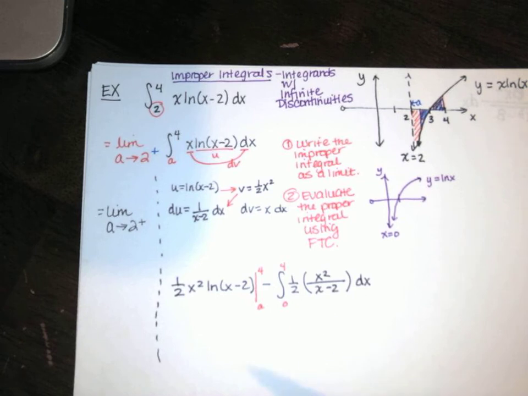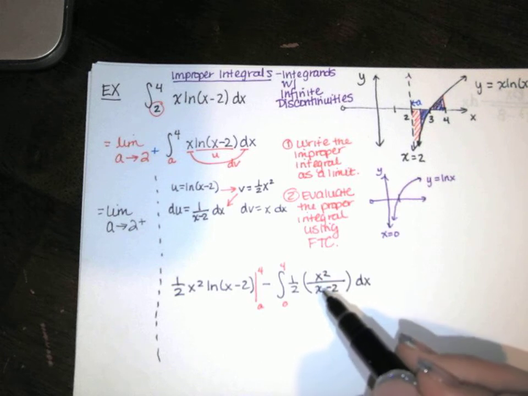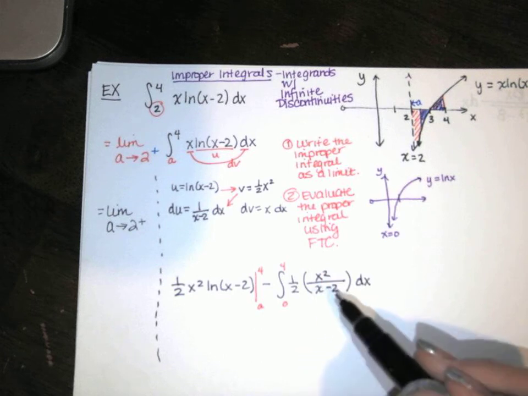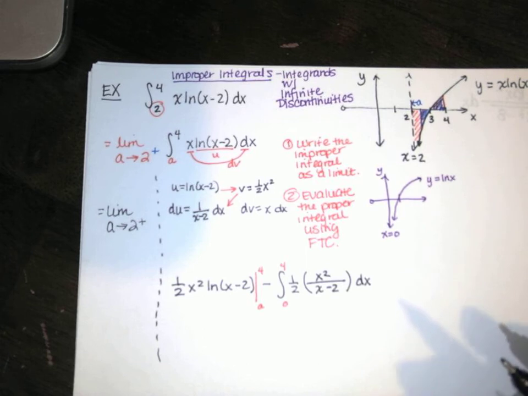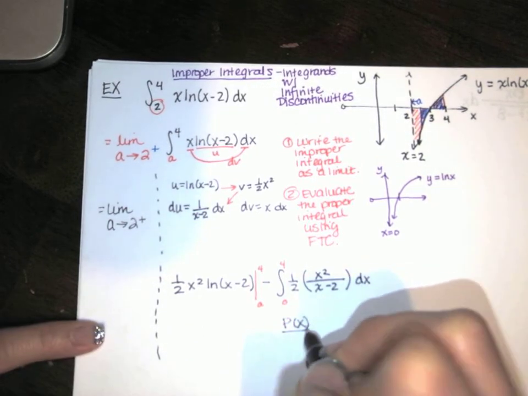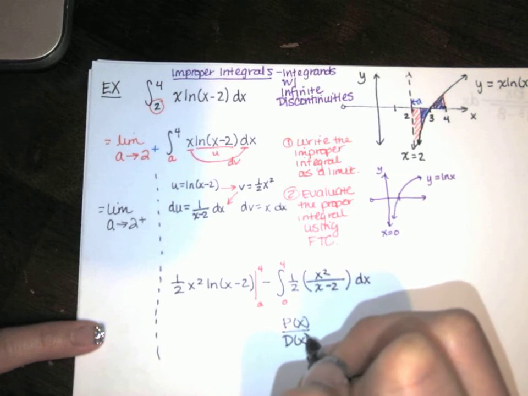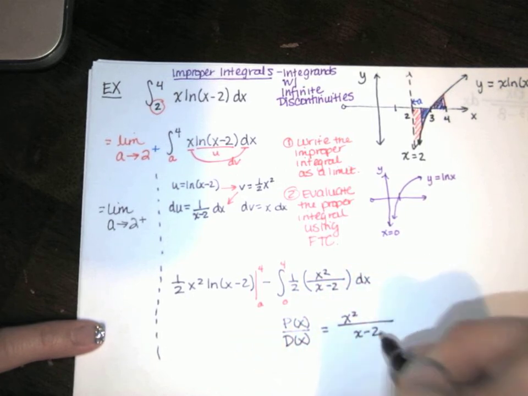Since most people wouldn't think of that, I think I'm just going to use synthetic division. So I've got a polynomial, it's a second degree polynomial, and I'm dividing by a first degree polynomial. So the easiest way to divide those two polynomials is using synthetic division. So I've got p of x divided by d of x, and p of x is x squared and d of x is x minus 2.